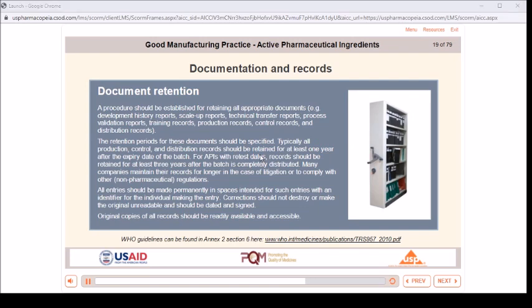All entries should be [...] making the entry. Corrections should not destroy or make the original unreadable and should be dated and signed. Original copies of all records should be readily available and accessible.